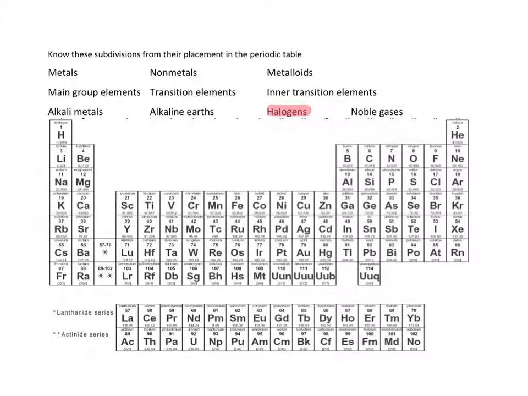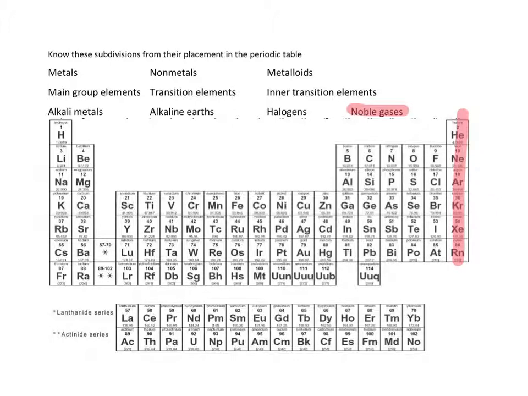The halogens, column 7 or 17, depending on how you count, just to the left of the far right column. And finally, the far right column, the noble gases.